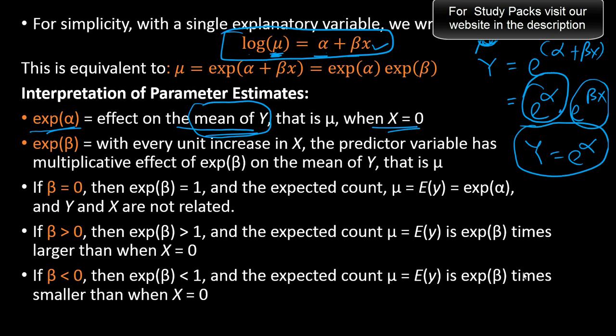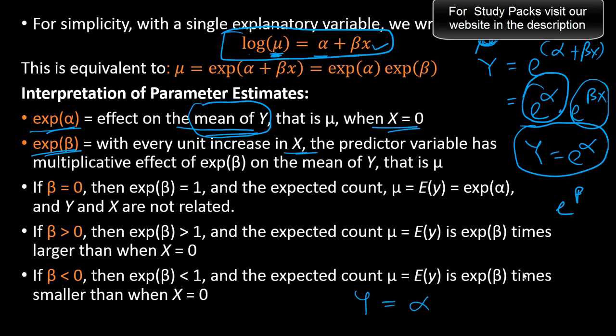How do we interpret exponential of beta? That's the exponential beta associated with x. This is nothing but: with every unit increase in x, the predictor variable has a multiplicative effect. That means it is not only impacted by the value of exponential of beta, it will also be affected by the value of alpha as well. That's not the case in linear regression, right?